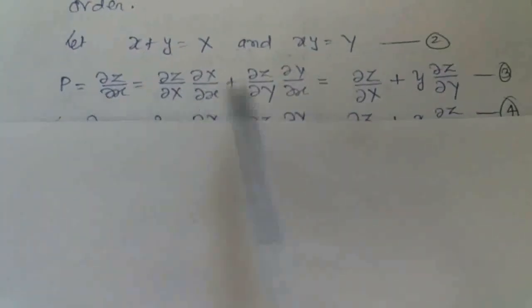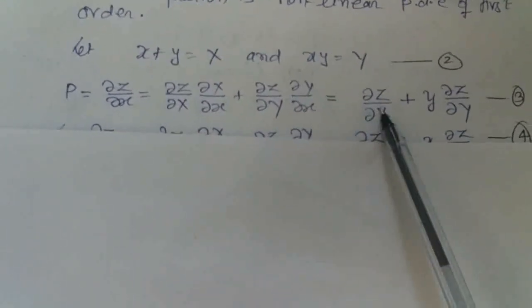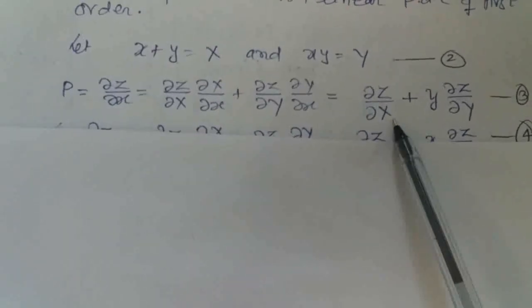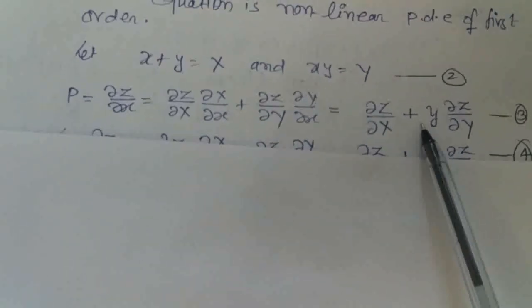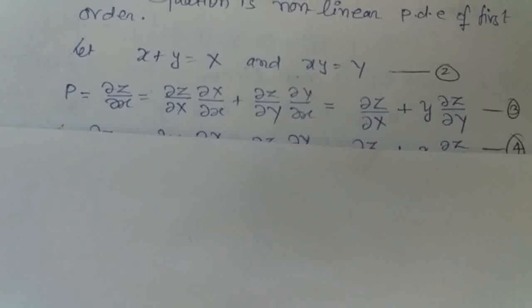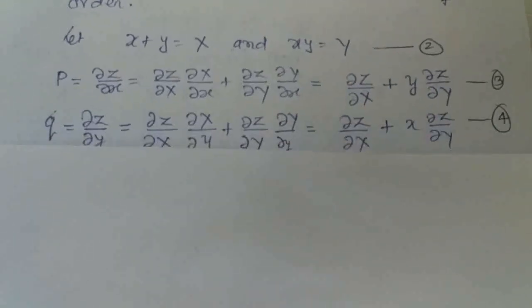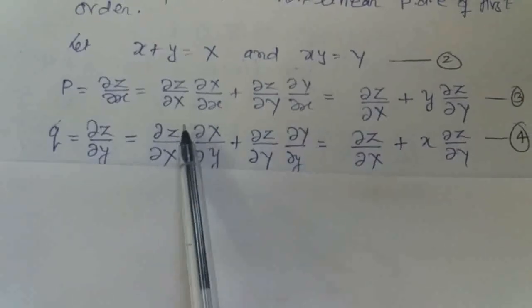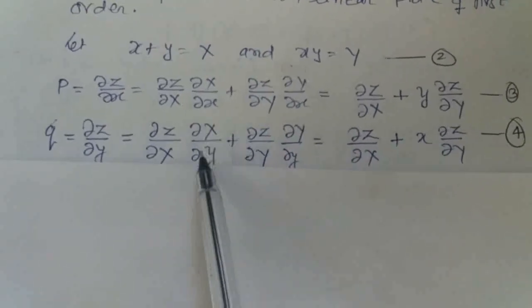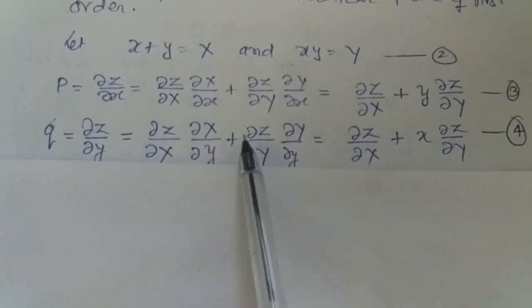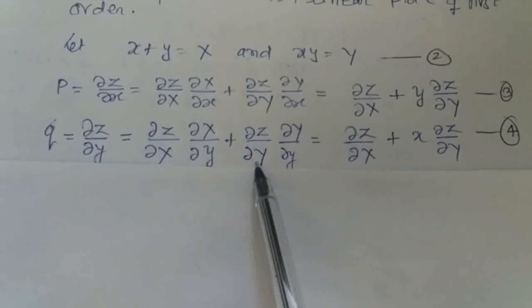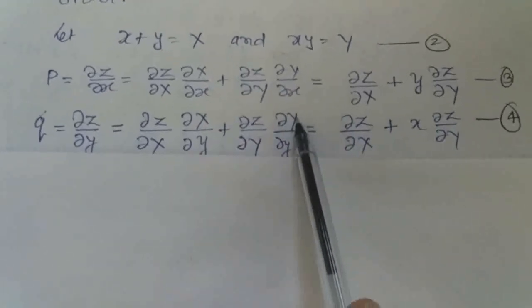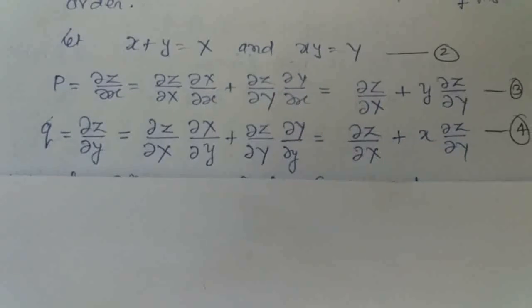So the value of p is del z by del capital X plus y del z by del capital Y. Similarly, by chain rule, the value of q, del z by del y, is del z by del capital X into del capital X by del small y plus del z by del capital Y into del capital Y by del small y.